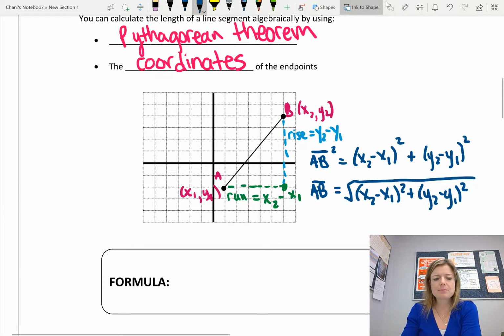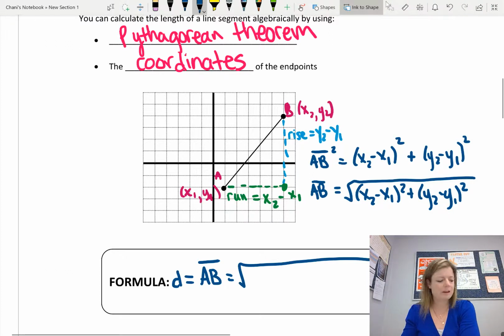So the distance between two points, which sometimes can be represented by a little d, or sometimes by the two endpoints with a line over it, is just the square root of x2 minus x1 all squared, so that's how far apart the two x values are, plus y2 minus y1 all squared, so how far apart the y values are.